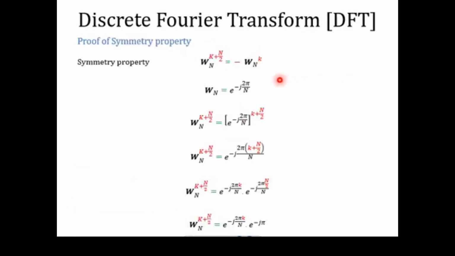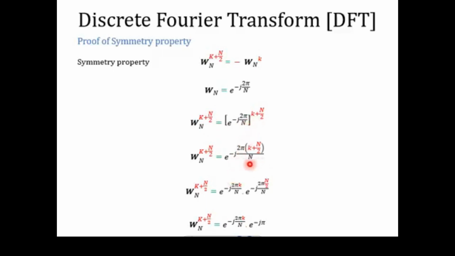Now let's come to the symmetry property, and we can also prove this property in a very similar way. We can replace Wn by exponential minus j 2 pi over N. So Wn^(k+N/2) can be written like this, where we have replaced Wn by exponential minus j 2 pi over N, while k plus N by 2, which is written in the superscript of Wn notation, will become the power of this complex exponential, and these two powers could be multiplied together.